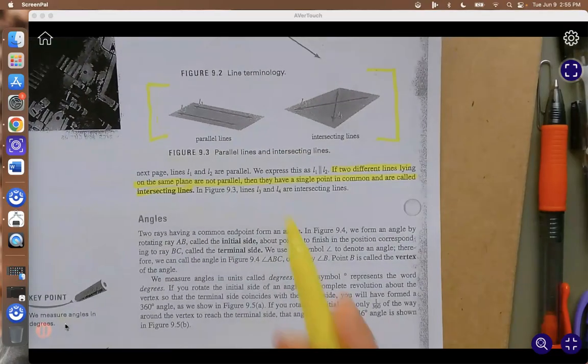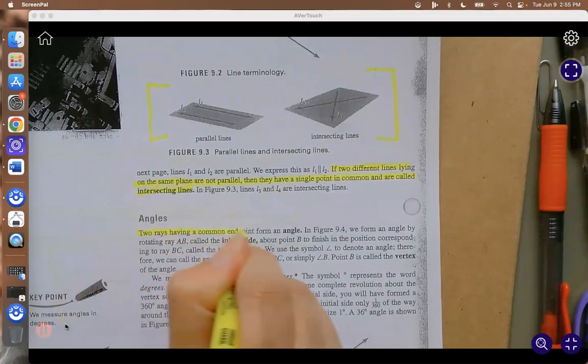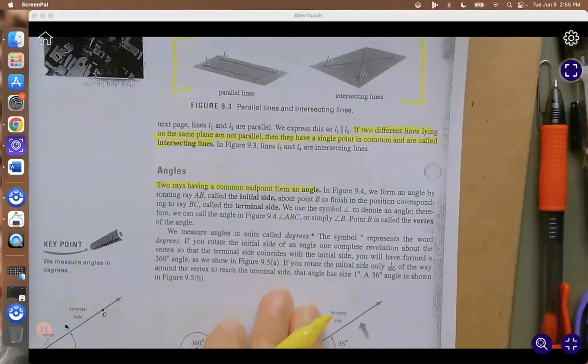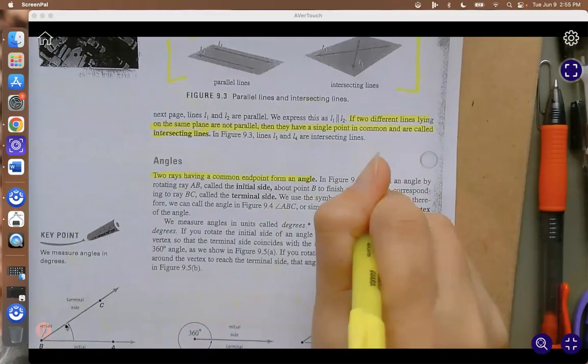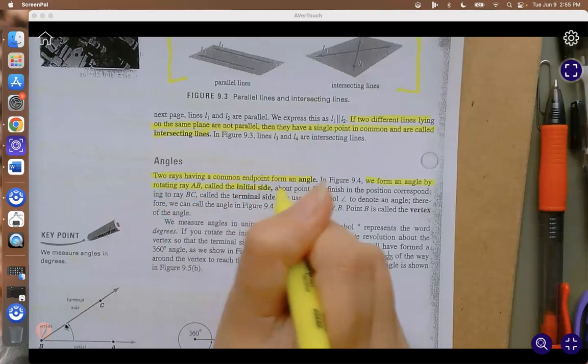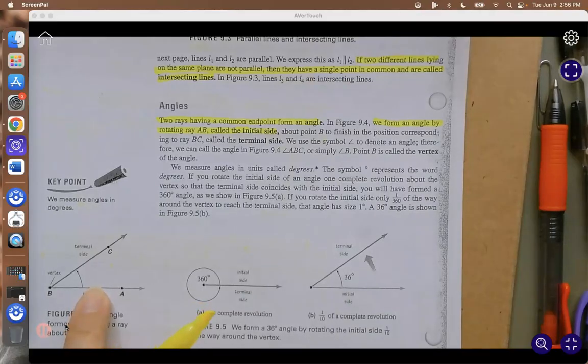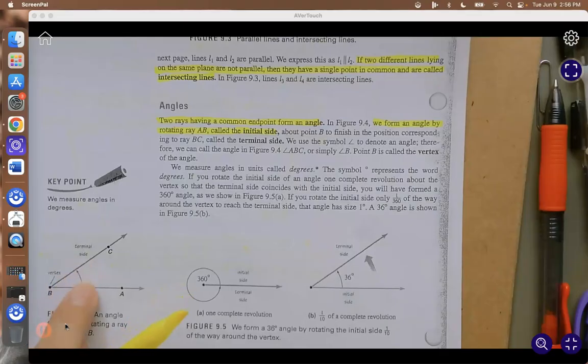All right, moving on. 2 rays having a common endpoint form an angle. In this figure right here, we form an angle by a rotating ray called the initial side. So that's the starting side. Back in middle school you called an angle two rays that share a common endpoint, and I hated that definition because it's like just two random lines joined together.